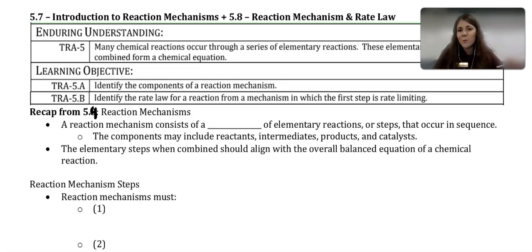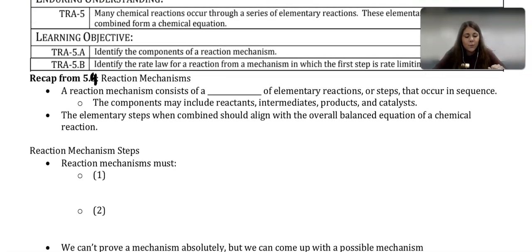So 5.7's learning objective is to identify the components of a reaction mechanism. And 5.8 is you can actually figure out a rate law for a reaction from the mechanism, through something called the rate determining step, also known as rate limiting, which we'll talk about in this objective.